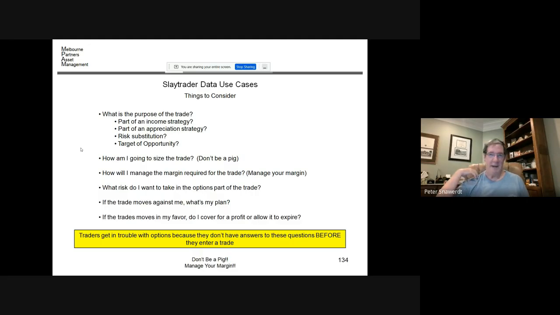So I've been studying this for 19 years. You don't survive doing this for that long if you don't do these two things right there. Don't be a pig, manage your margin.